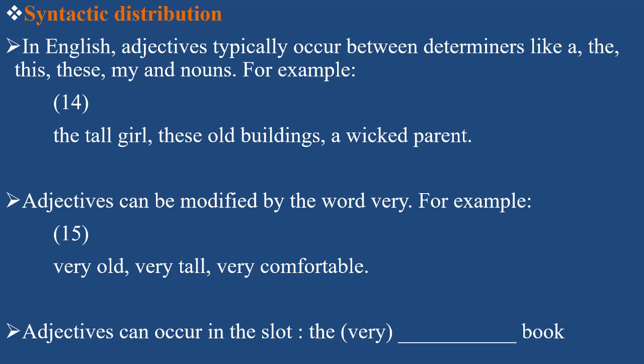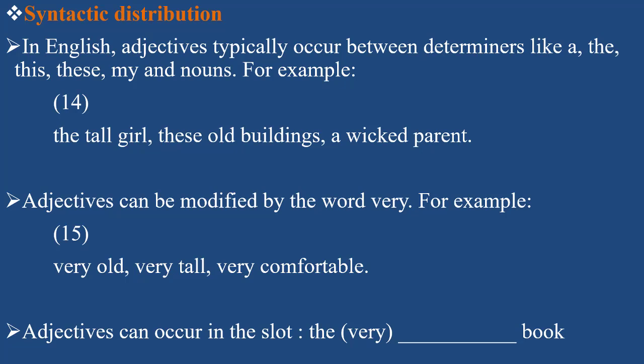Now let's move on to the syntactic distribution. In English, adjectives typically occur between determiners like a, the, this, these, my, and nouns. For example, the tall girl, the old buildings, a wicked parent. So as you can see, adjectives occur between the determiner and the noun.